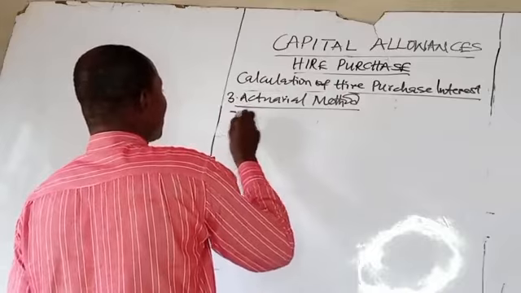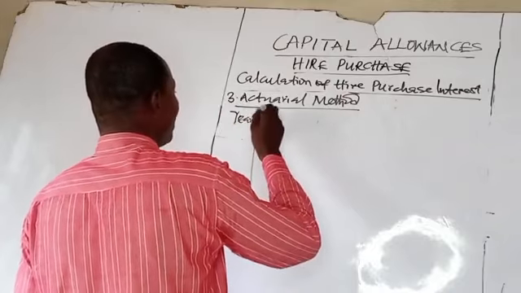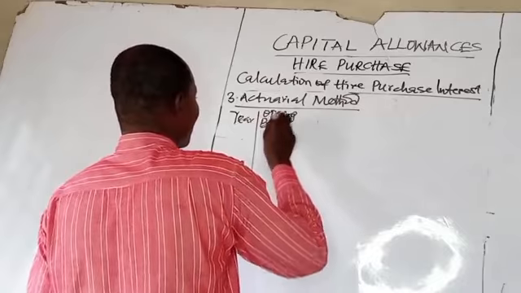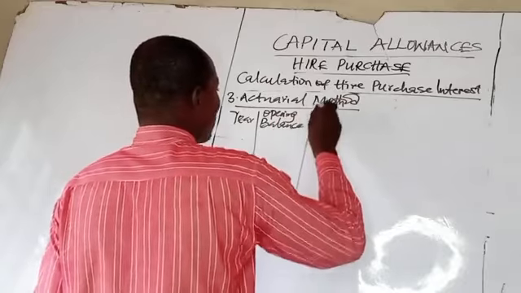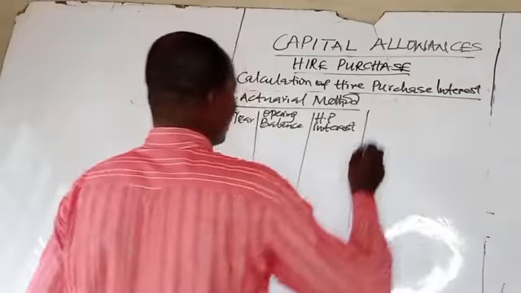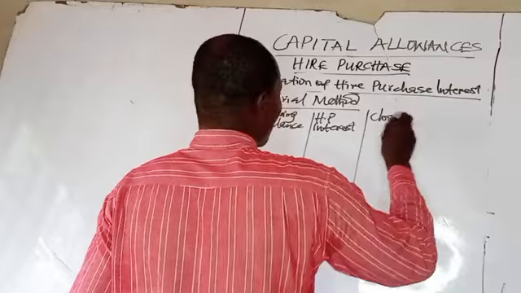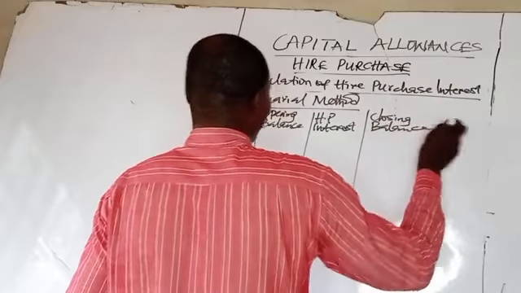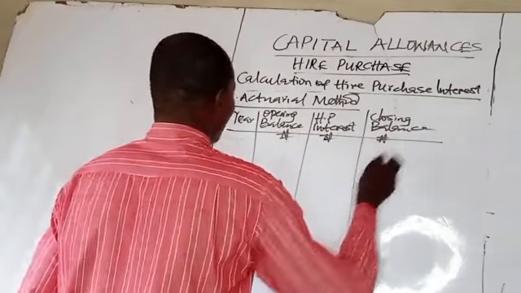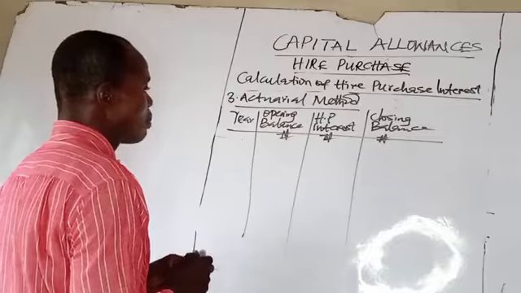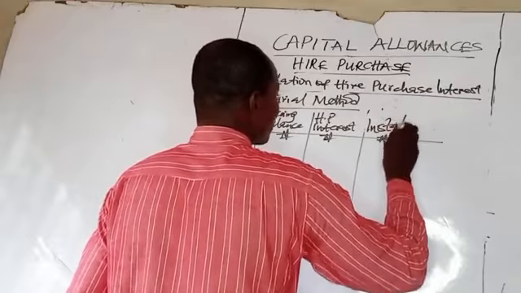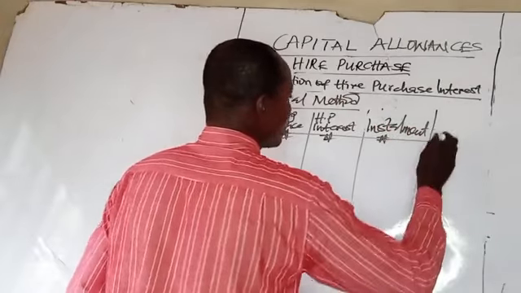To compute the higher purchase interest under this method, you have year, opening balance, higher purchase interest, installments, and then closing balance.